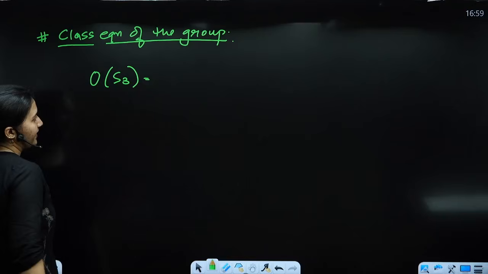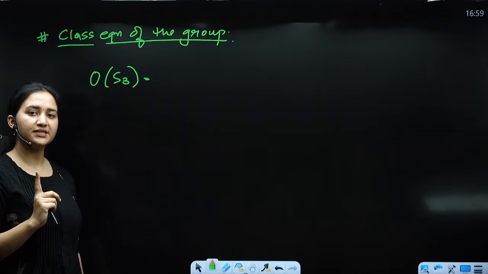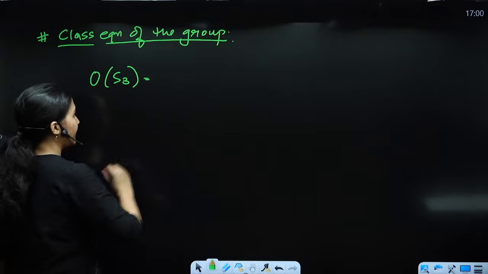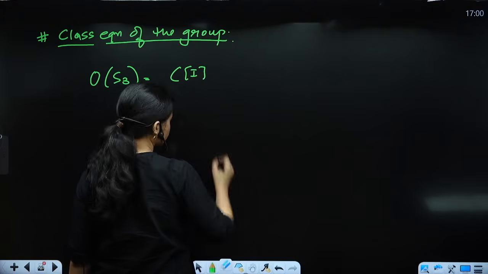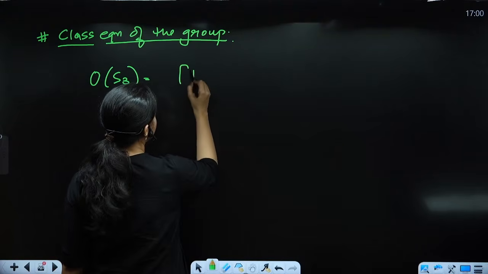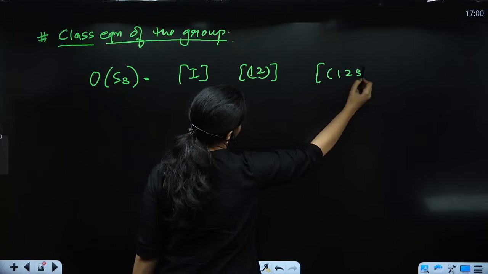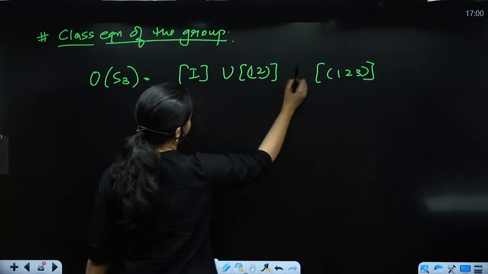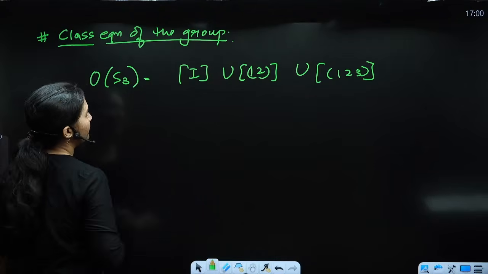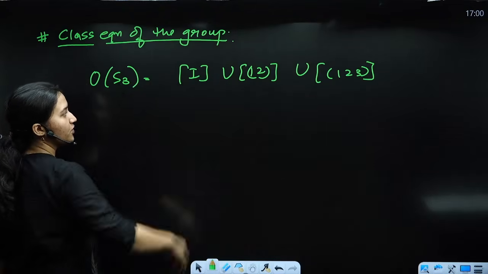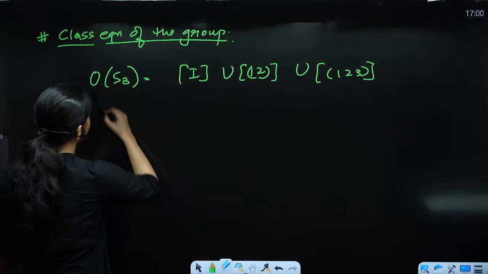Okay, and I just proved, also I know that the union of all the conjugacy classes equals the group, right? So let's say there is the conjugacy class of I, conjugacy class of (1 2), and then you have the conjugacy class of (1 2 3), right? And the union of all these conjugacy classes is equal to the group itself, right? So the order of this group is going to be equal to the addition of the conjugacy classes, right?